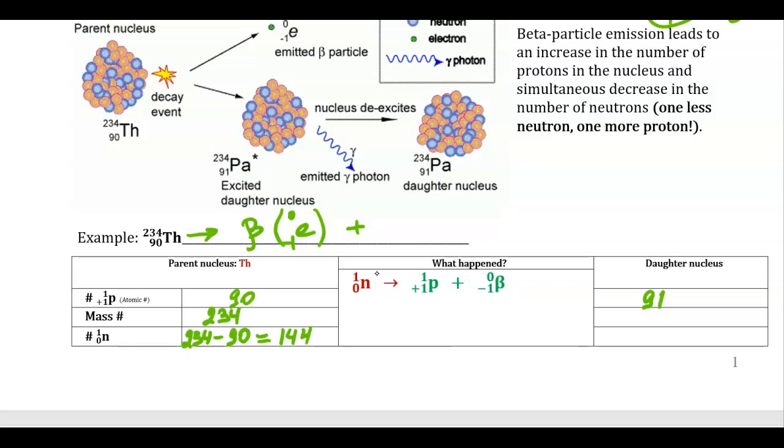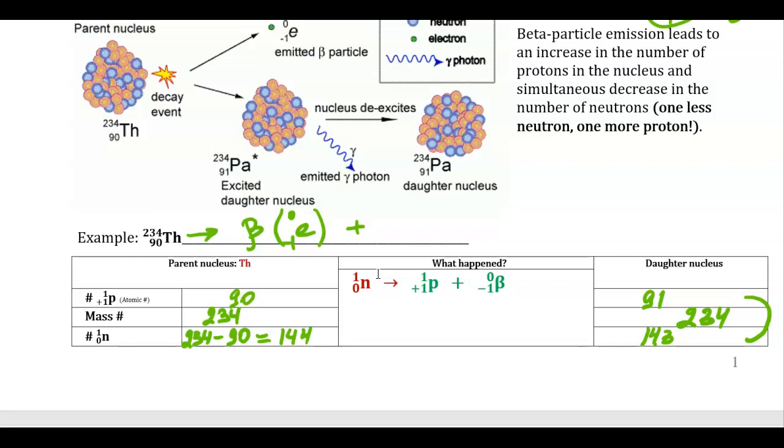But don't forget, one neutron decided to become a proton. So that's why it's not 144 neutrons in the daughter nucleus, it's 143. And if you add this number and this number, it will still be 234. Okay? The mass stays the same.